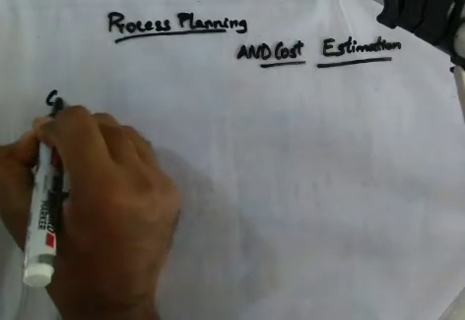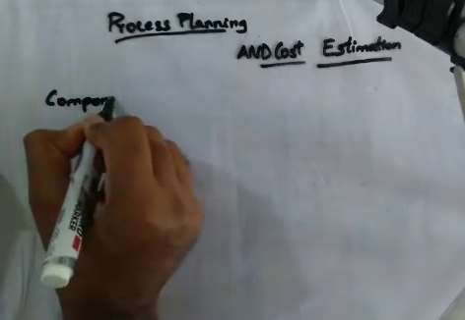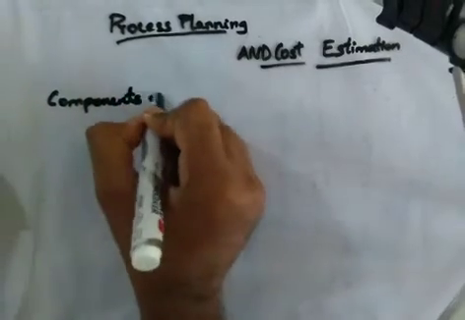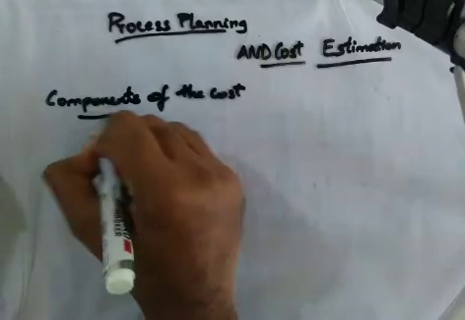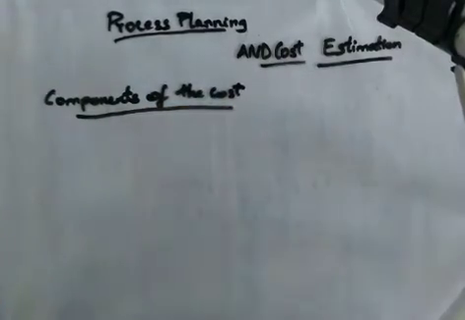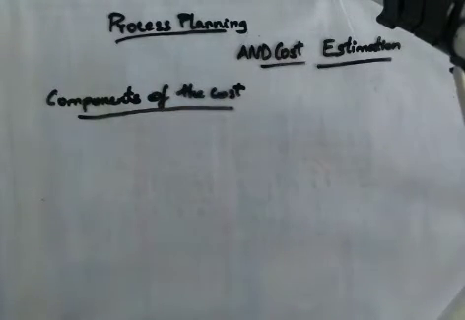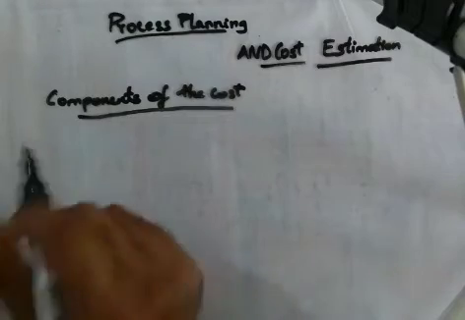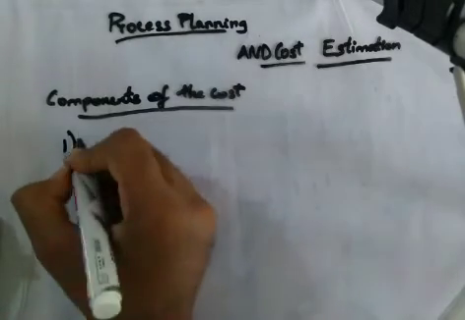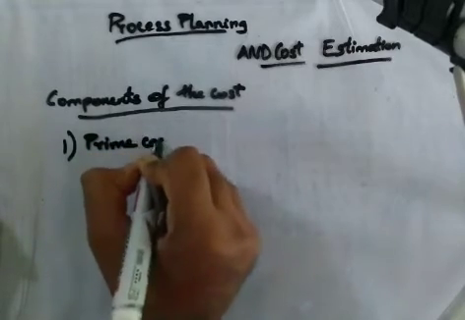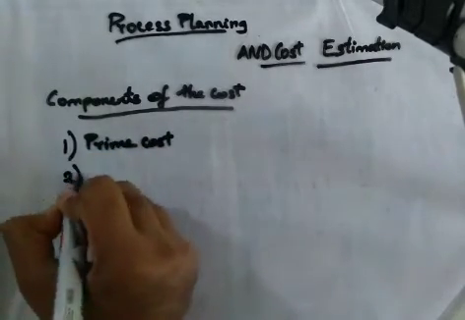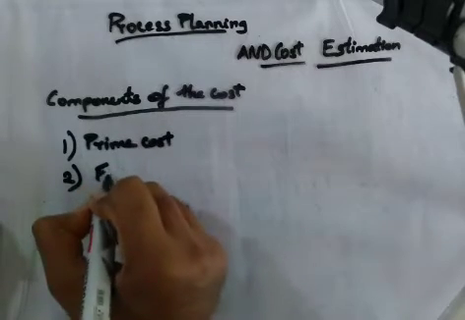Components of the cost. What are the components of the cost? There are 5 components in determining the selling price. One is the prime cost, or primary cost. Second is the factory cost.